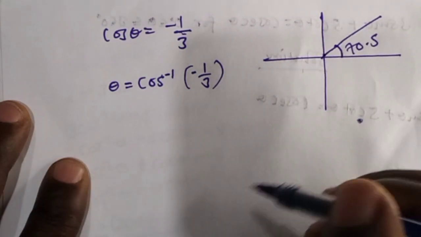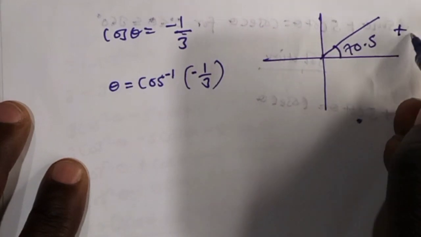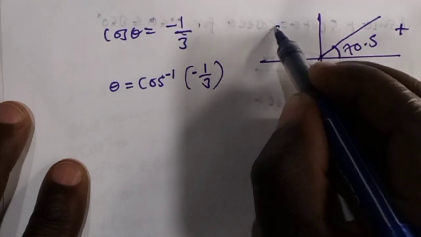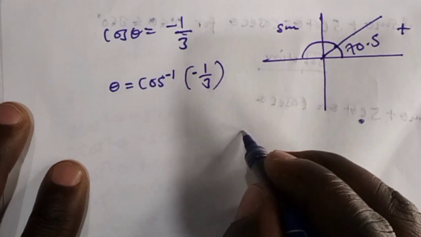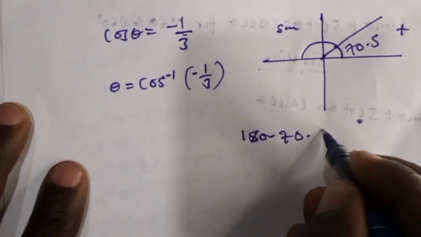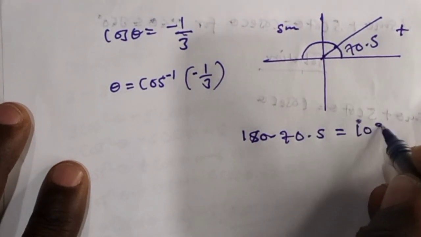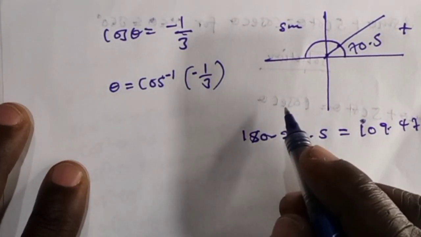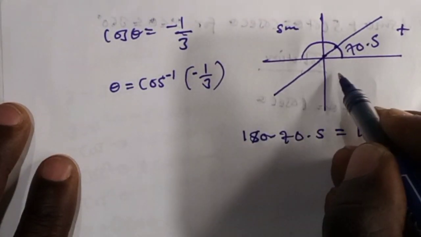We check where cos is negative. Here all values are positive: sine, cos, tan. But here only sine is positive. So we say 180 minus 70.5, which equals 109.47 degrees.